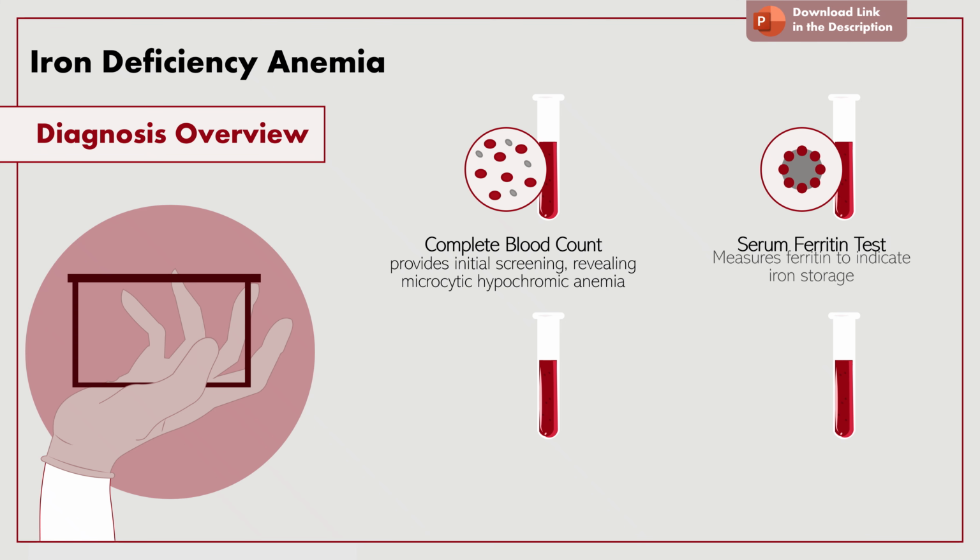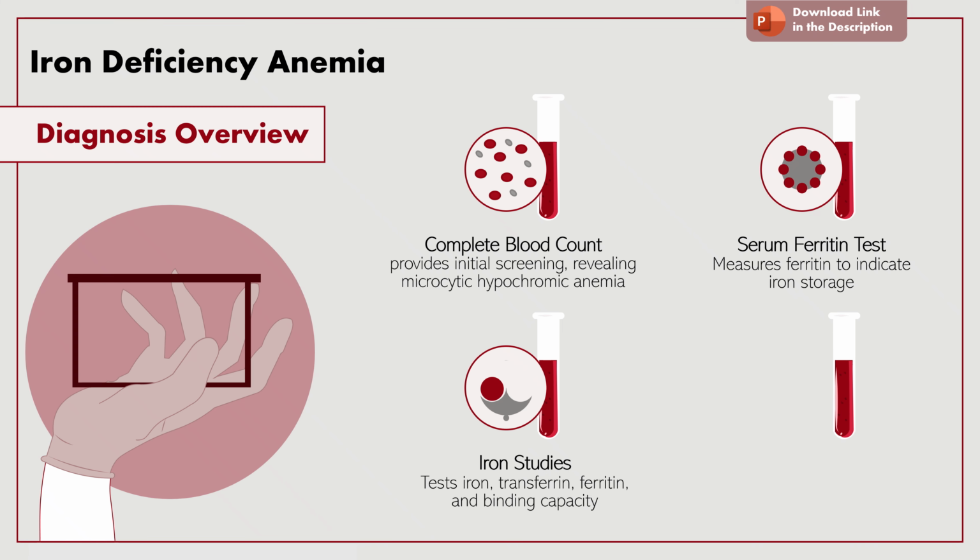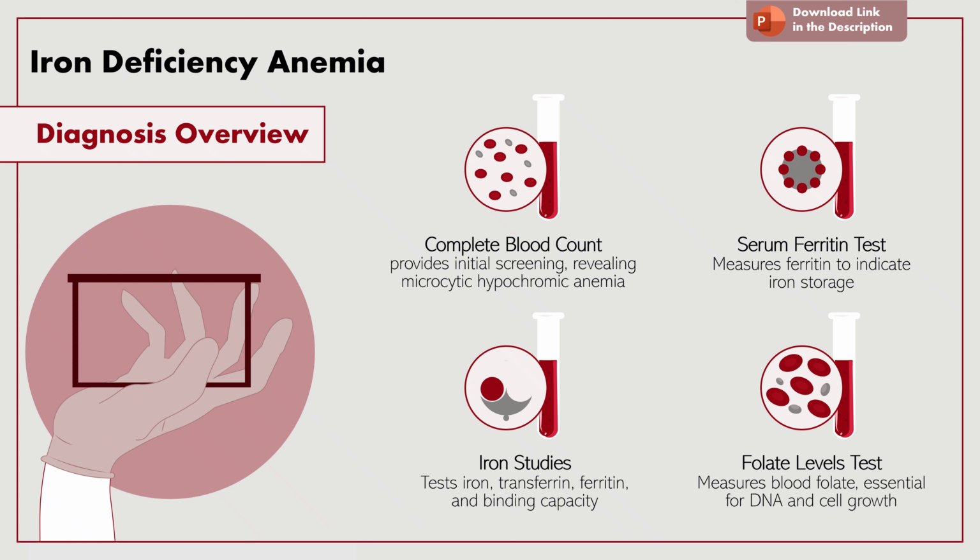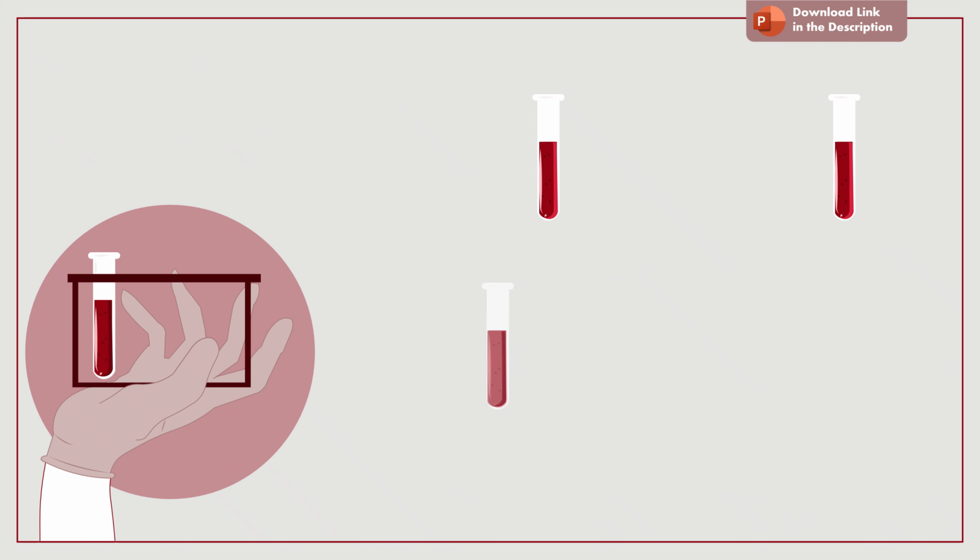Serum ferritin serves as the most sensitive indicator of depleted iron stores, with levels below 30 nanograms per ml, confirming deficiency. Comprehensive iron studies evaluate transferrin saturation and total iron binding capacity, TIBC, while excluding other anemia types. Folate levels assessment helps differentiate mixed nutritional deficiencies, as folate is crucial for proper erythropoiesis.